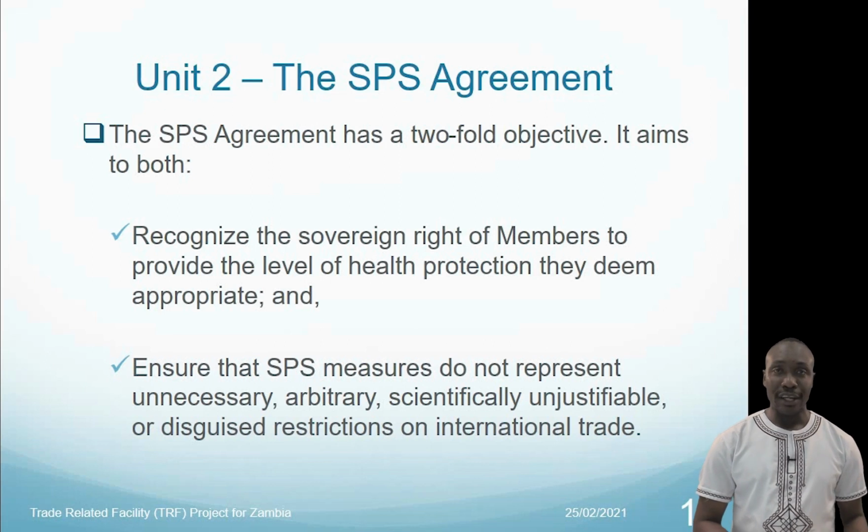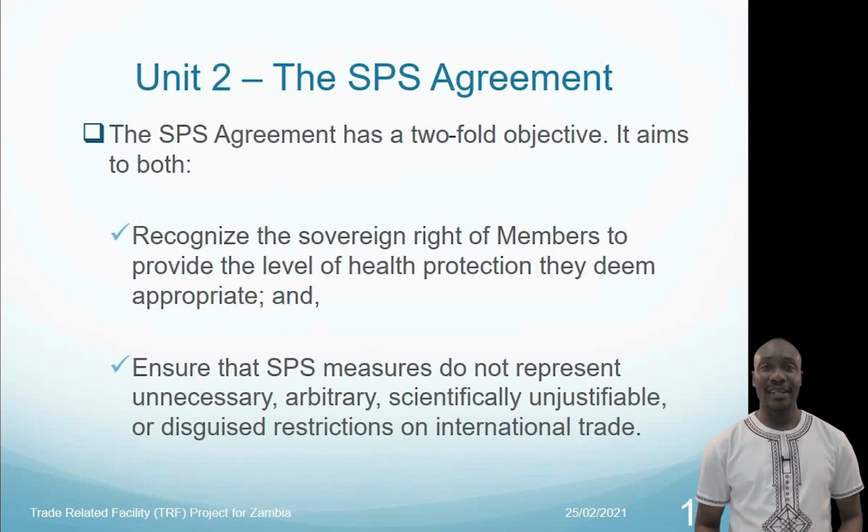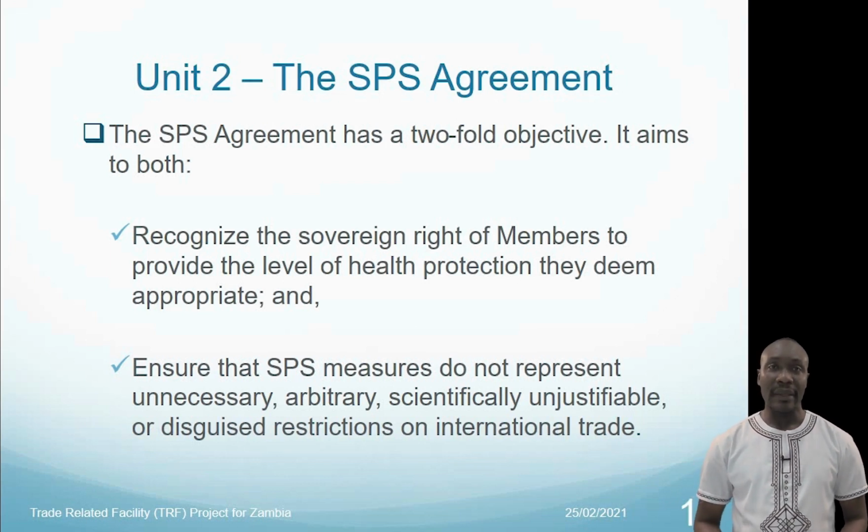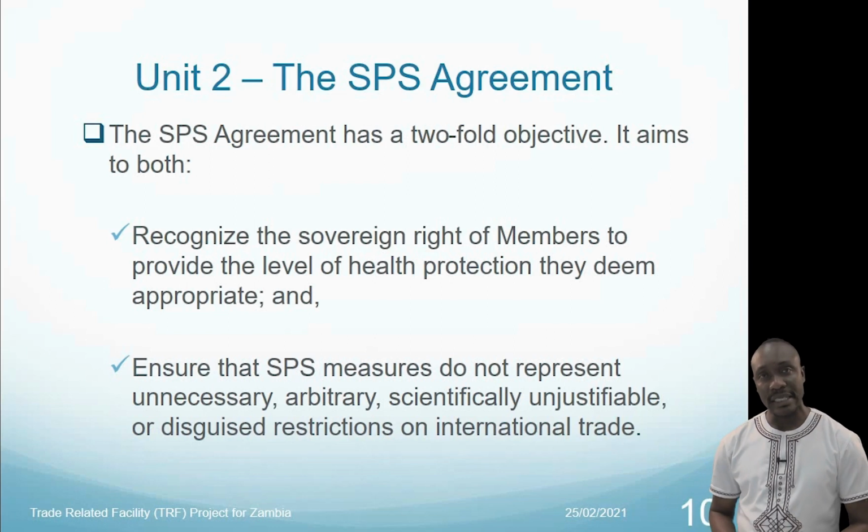So it can be used as a tool to protect the small growing industry, maybe for the dairy, and yet there's no science that really speaks to why you are refusing to get this consignment.